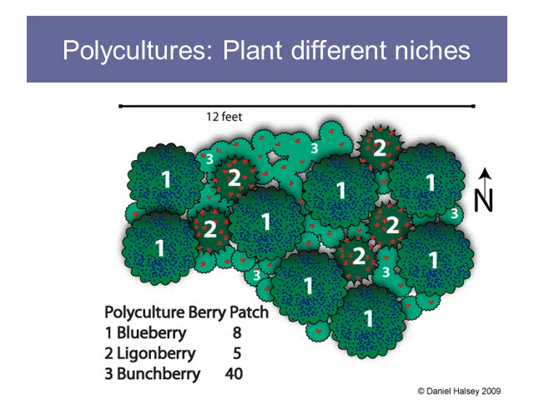You have the blueberries, lingonberries, and bunchberries. They're different sizes, and they have different roots, so they use different areas in the soil. The bunchberry at the base likes shade, the blueberries like full light, and lingonberries are in between. So you can see that you can grow them all together.